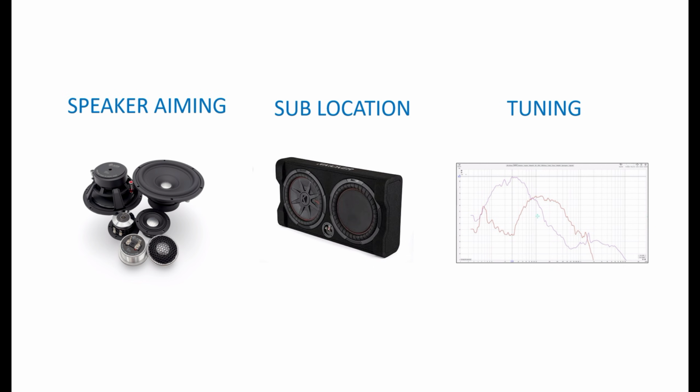But for mids and tweeters, that beaming, where they go from being omnidirectional to beaming, occurs in the frequencies that we typically operate these speakers. So we tend to find them acting more like flashlights, right? The sound comes out like a beam. And so speaker aiming is really important when it comes to mid-range and tweeters.